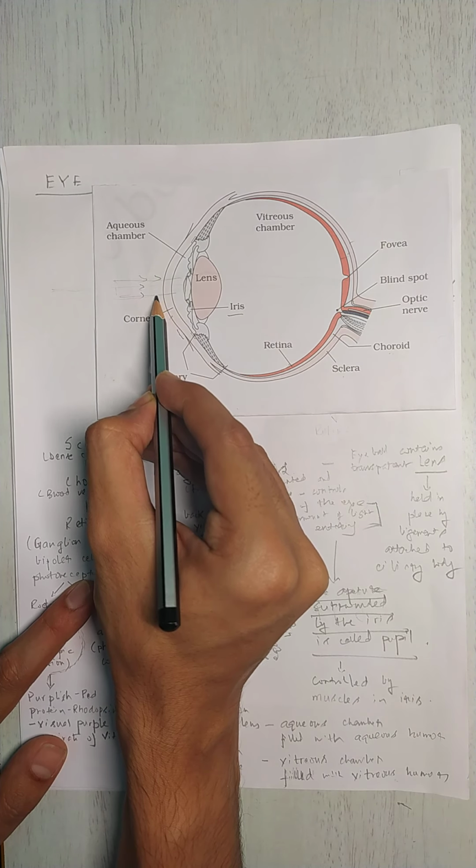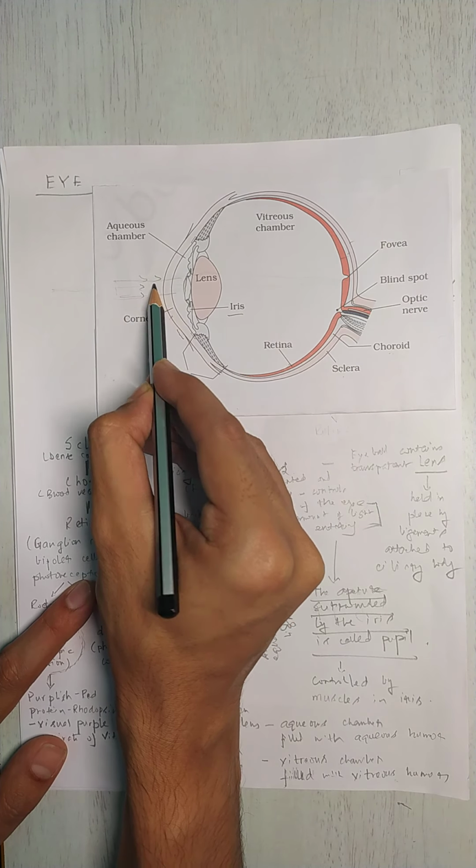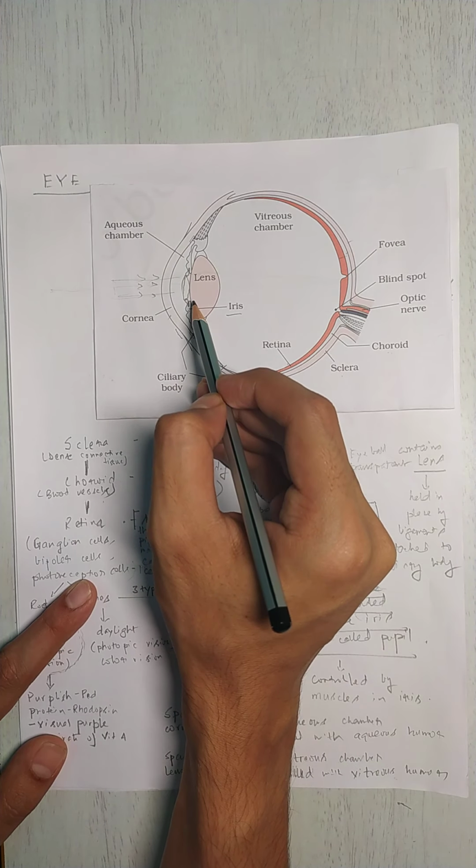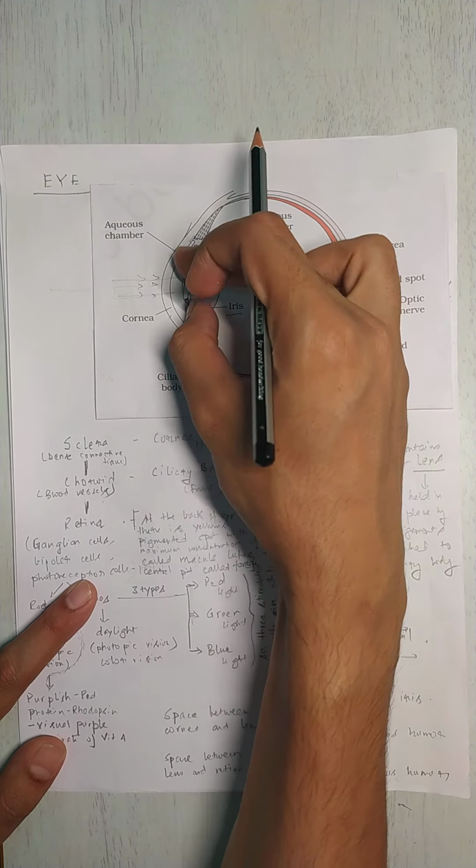Let's say suddenly you focus a torch on the eye, and then too much light goes into the lens, and this can damage the retinal layer behind. So immediately the iris comes forward and this opening is narrowed so that less light can enter the eye.